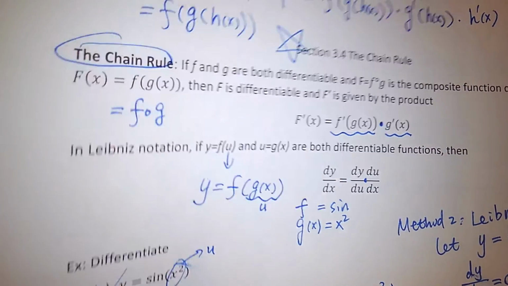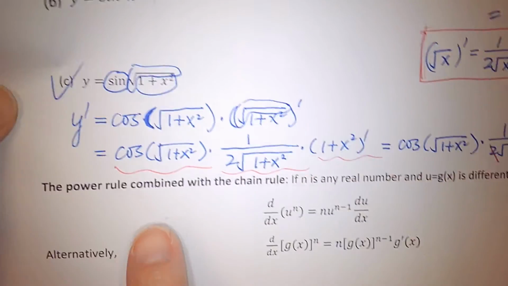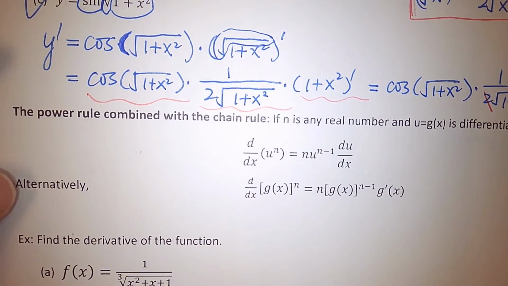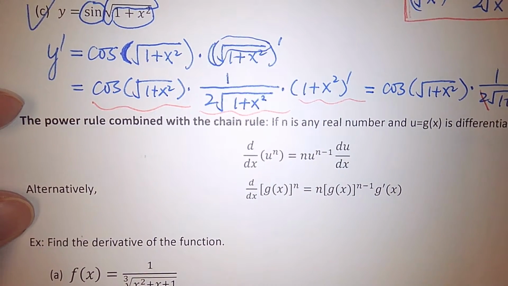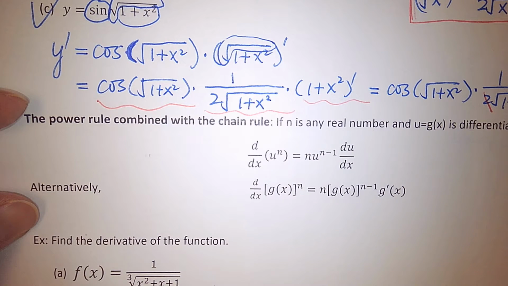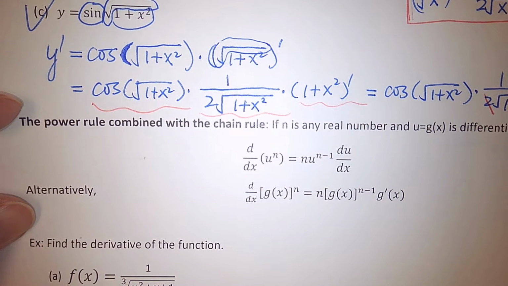Now let's look at the power rule combined with the chain rule. I'm going to ask a volunteer to read this conclusion for us. Dave? The power rule combined with the chain rule.